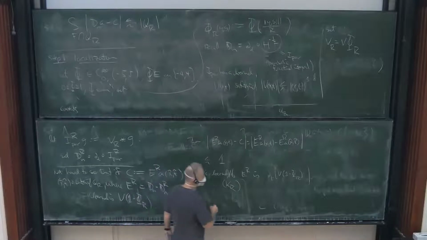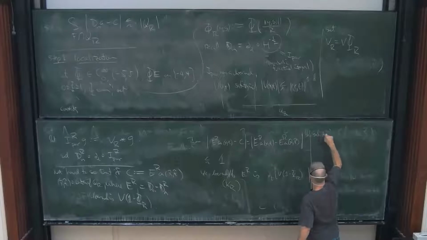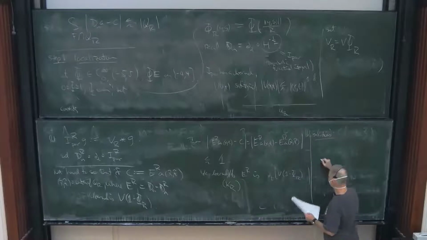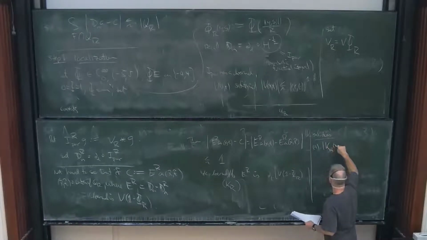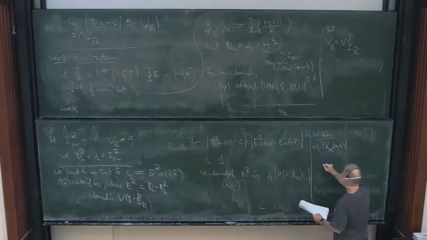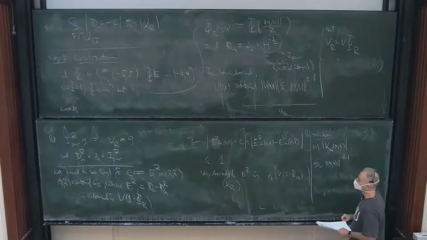It's going to satisfy the following bounds. The first one is that KR of (x, t) is less than or equal to the parabolic length to the minus d minus 1 power.